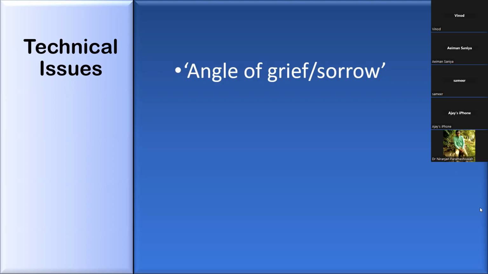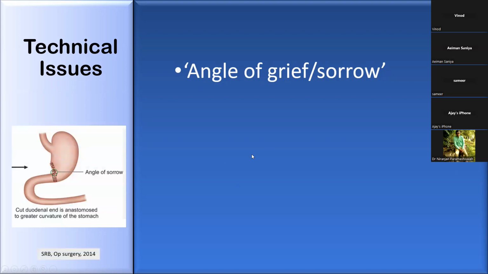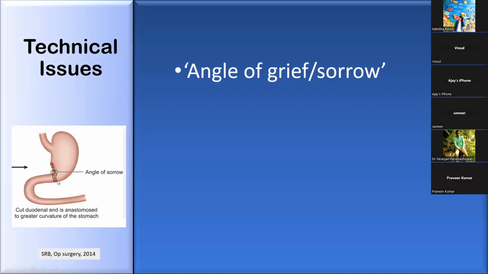Vinod? Sir, the most common leaks happen at the lesser curvature at the site of anastomosis because of right gastric artery division, because of ischemia in that area. You're right. But it's not necessarily right gastric or left gastric. When you keep stitching, this is an area where you have a stomach remnant which is very wide and the bowel which is smaller in diameter.